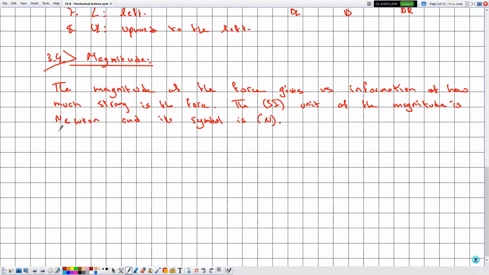The magnitude of the force is measured using a spring balance.